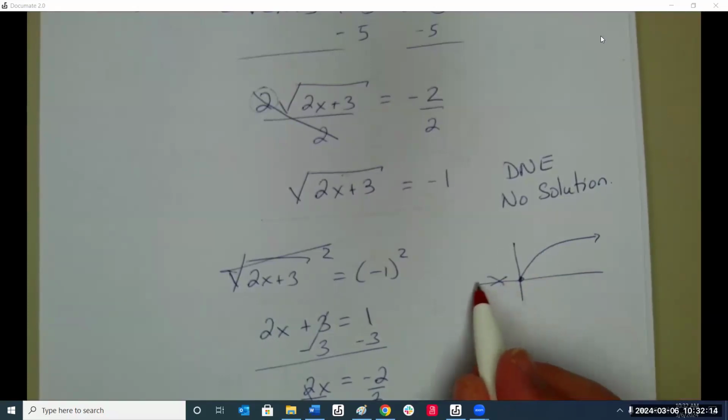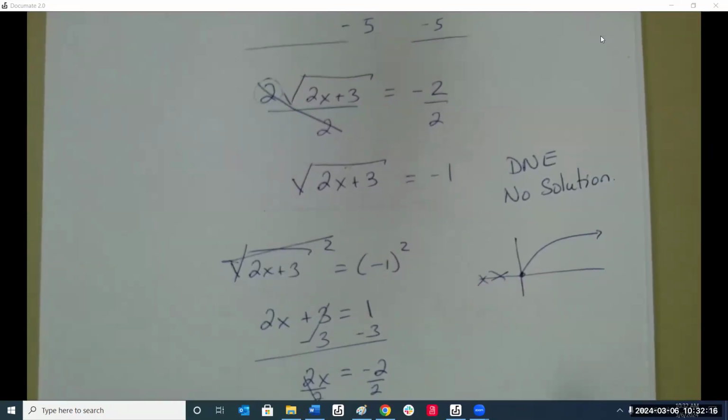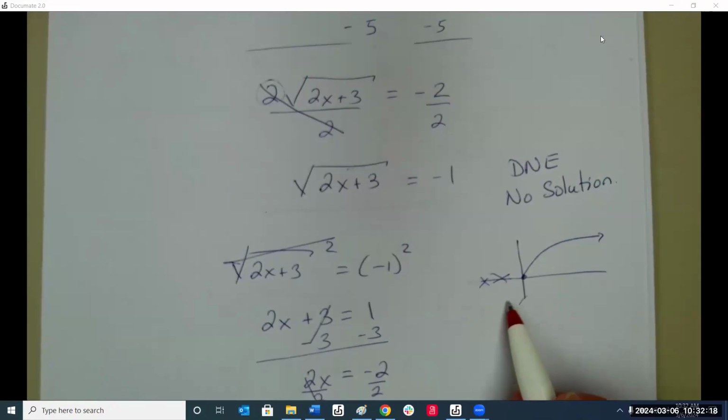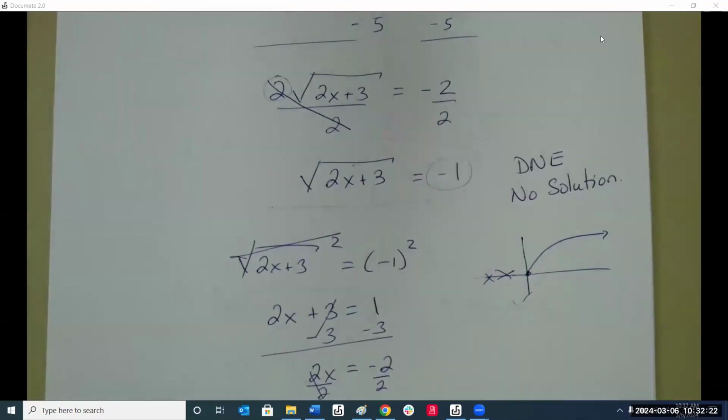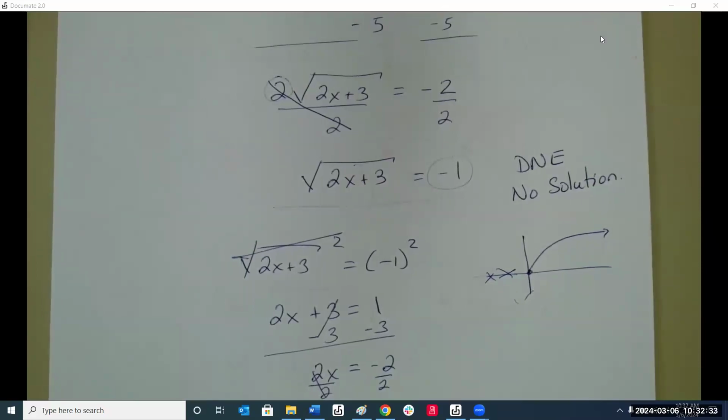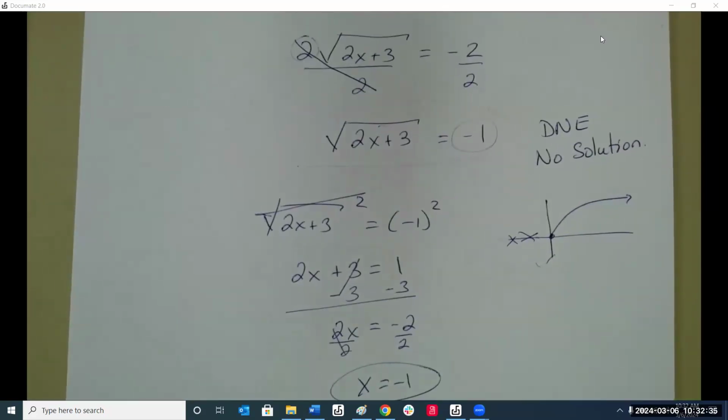You cannot have a negative answer from a radical. So in other words, it can never equal something negative. This is where the graph comes into play. So you'd be very, very careful about that.